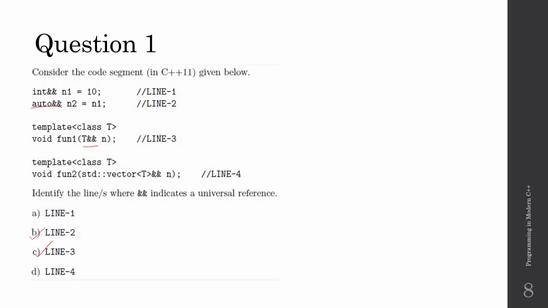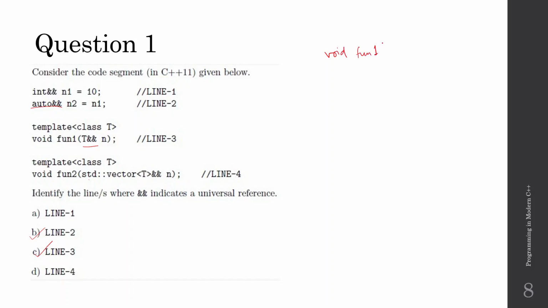So any questions up till now? Sir, what is the data type of n here? Data type of n. That is not specified. It's a function that we are writing.